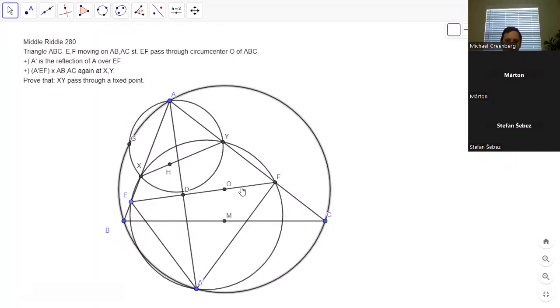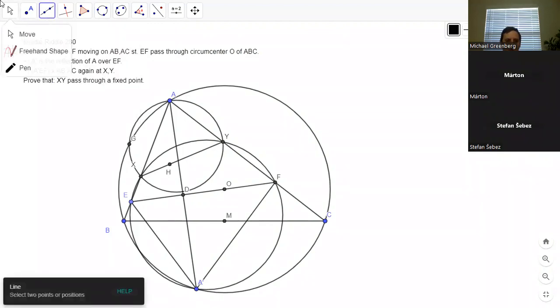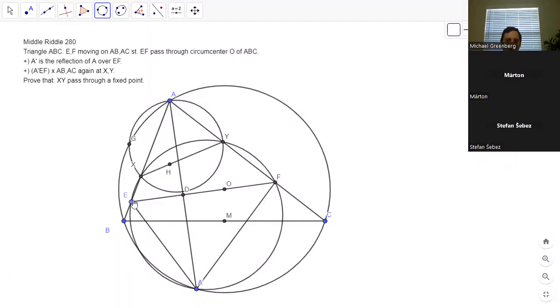And can we get EF over BC? Well, then we'd have to draw. So for EF over BC, what if we, maybe we could use the power ratio lemma, because these two circles both pass through XY.